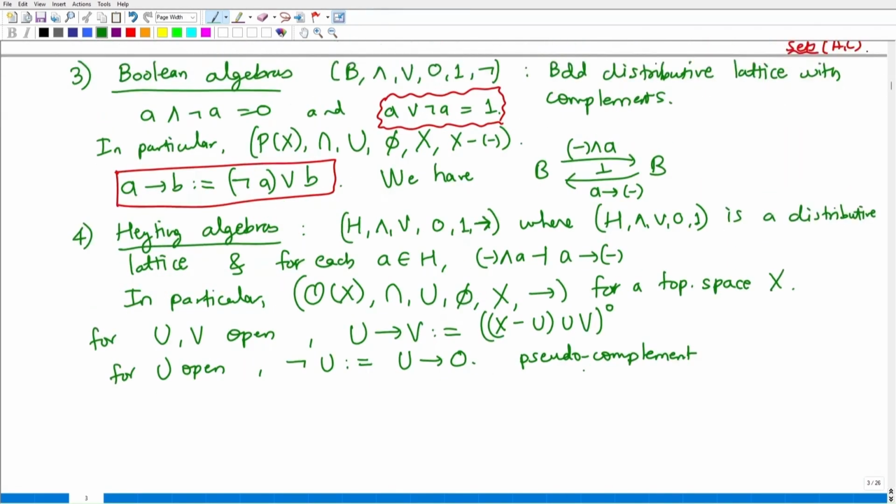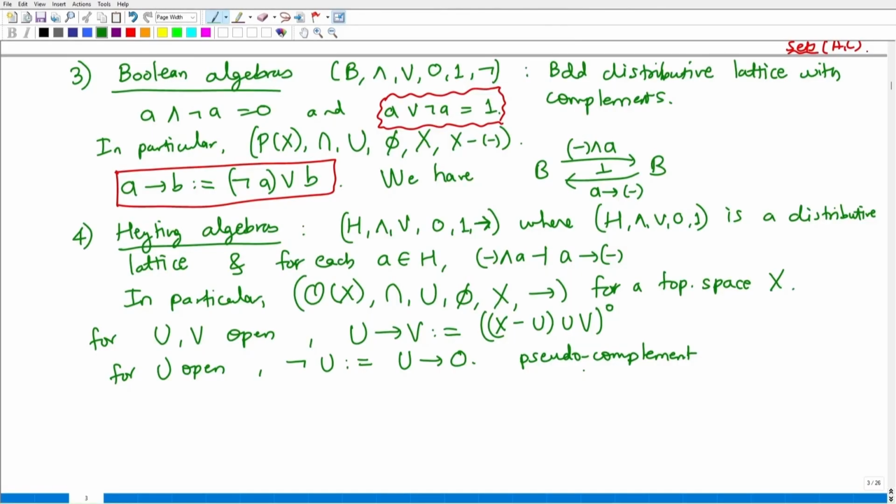Now, if your category has a lot of nice structure, then the subobject lattices, subobject posets have nice structure as well. So for example, the category of sets is really nice, and the subobject structure in that is basically a power set, and that is a Boolean algebra.